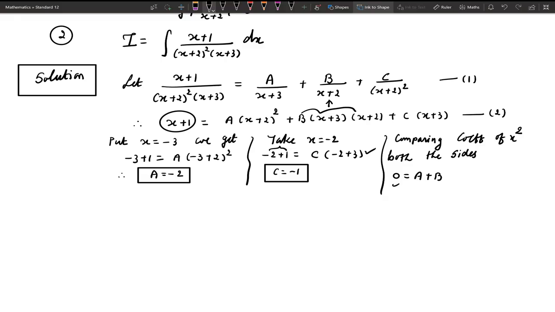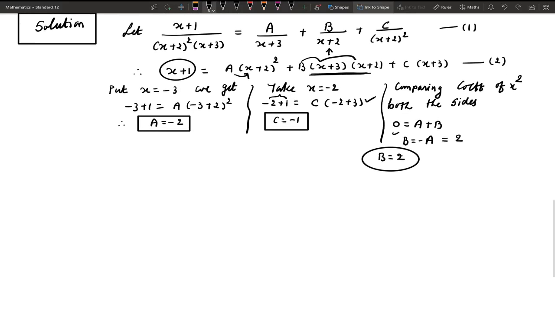So b equal to minus a, but a equal to minus 2, so minus minus plus, thus b equal to 2. So this is the value for b.